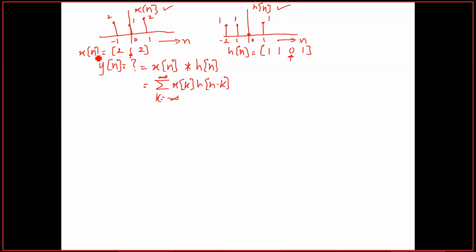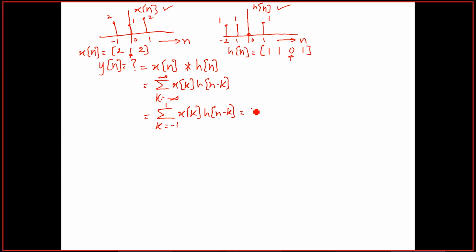Here we can see x of n indexing starts from n equal to -1 going to 1. So the indexing of k would also be from -1 to 1. Before this and after this all the values are 0, so it doesn't matter to us. So we can just write it as the sum from k equal to -1 to 1 of x of k h of n minus k, and then we'll just open this up.